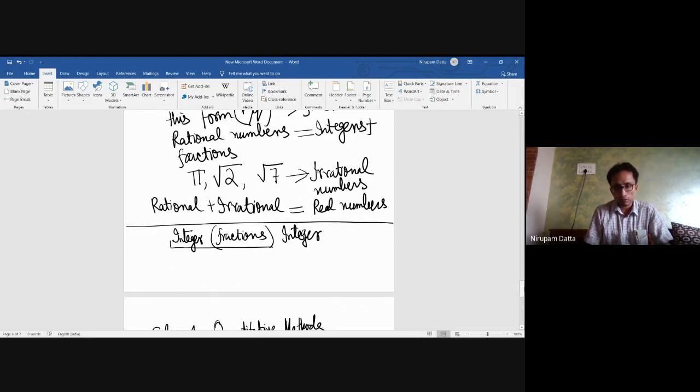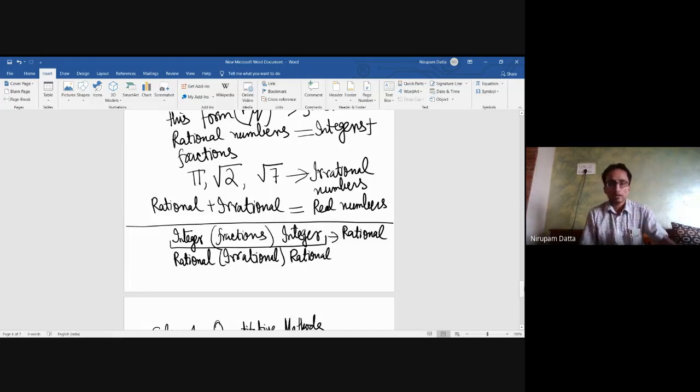When we include both fractions and integers, we get rational numbers. Rational numbers can be simplified, but irrational numbers cannot be simplified further. Including both, we get real numbers.